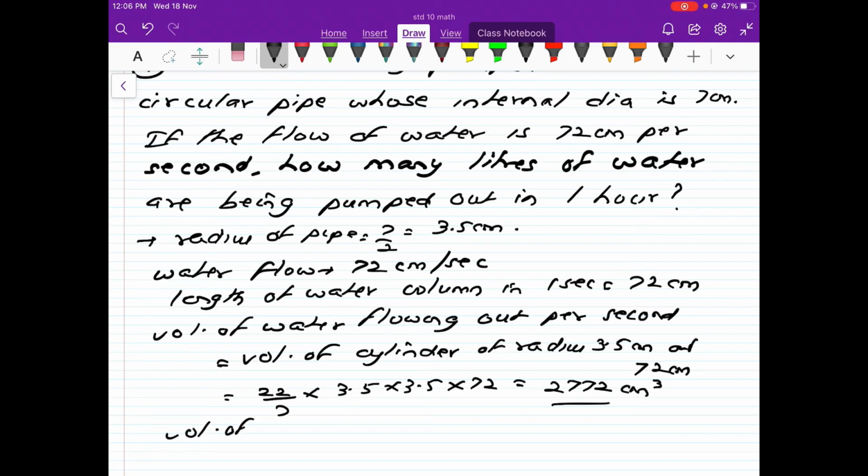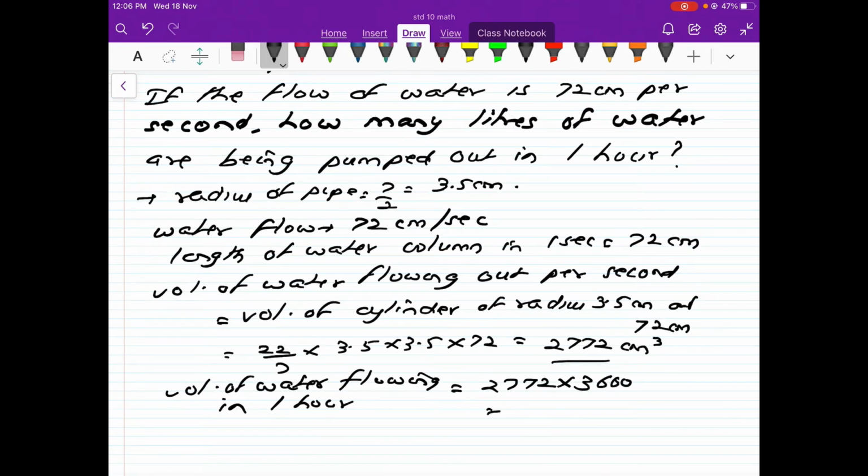So the volume of water flowing in 1 hour is given as 2772 into 3600, as there are 3600 seconds in 1 hour, so that answer will come to 9979200 centimeter cube.